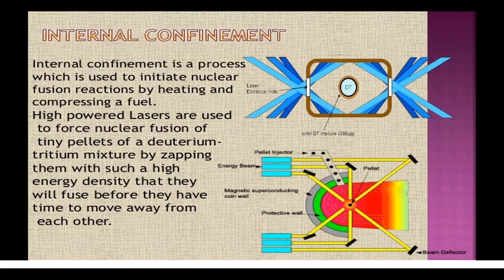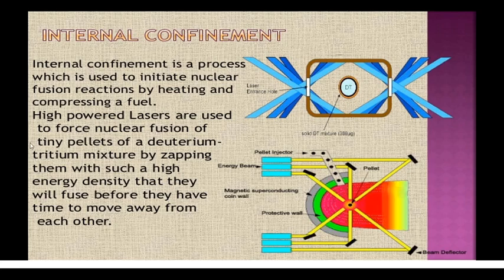Now the second one is the inertial confinement method, which is a process used to initiate nuclear fusion reactions by heating and compressing a fuel. Here, this heating and compressing is done with the help of high-powered lasers.